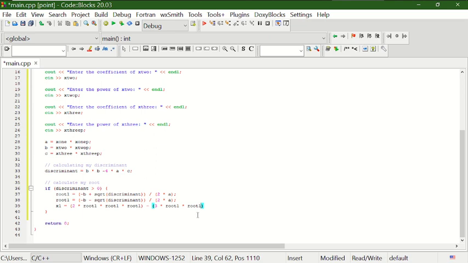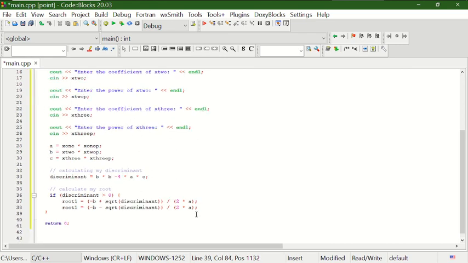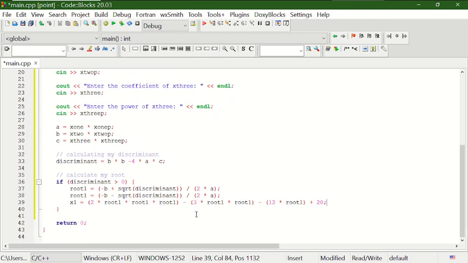So we close that, then we have minus, in brackets, 12 times root 1, then plus 20, which was the constant that we had, right? Since we have done this, we can actually calculate for x2.